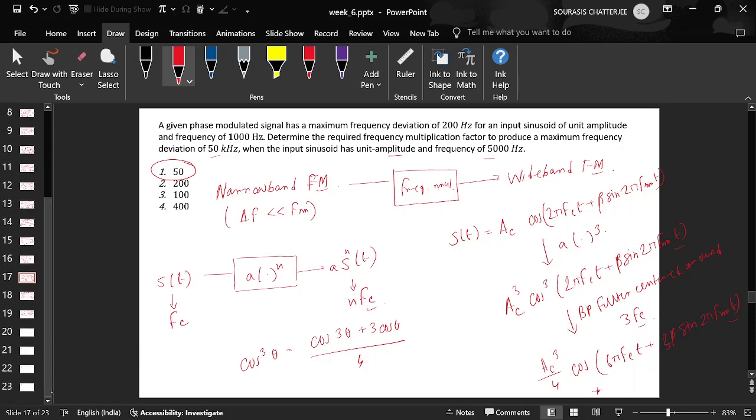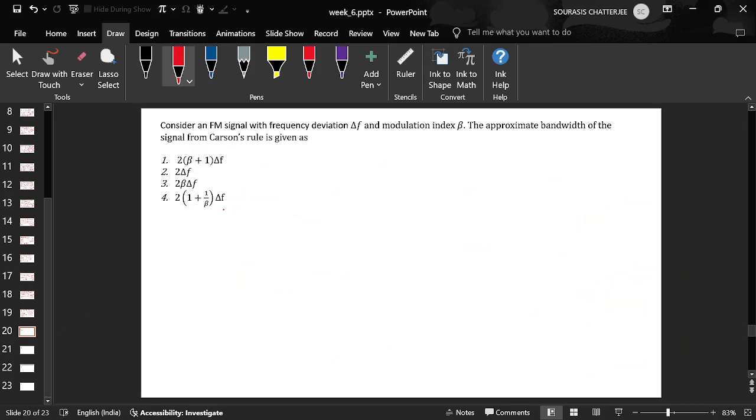So let us move to our next question, which asks: consider an FM signal with frequency deviation del f and modulation index beta. What should be the approximate bandwidth of the signal from Carson's rule? So we have already seen, let me reiterate the two extreme cases again. When your peak frequency deviation del f is much less than fm, your modulation index is small.